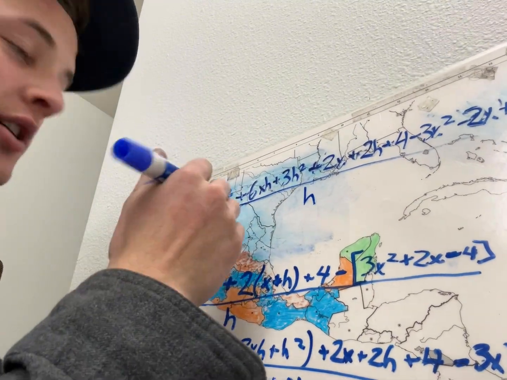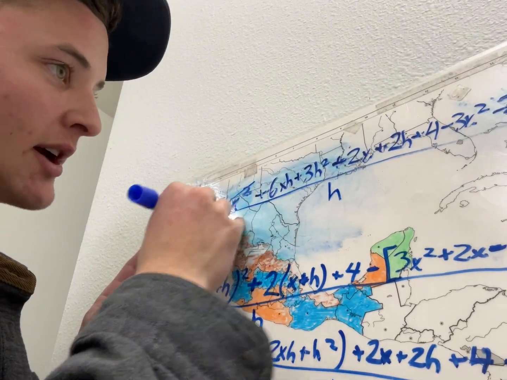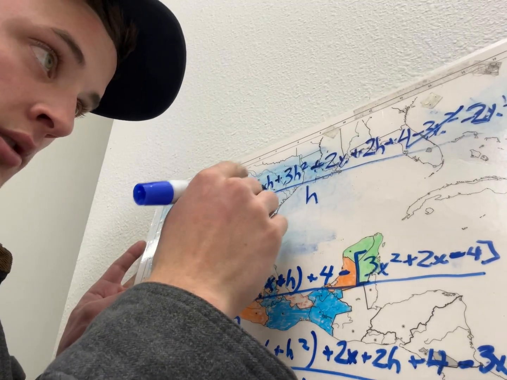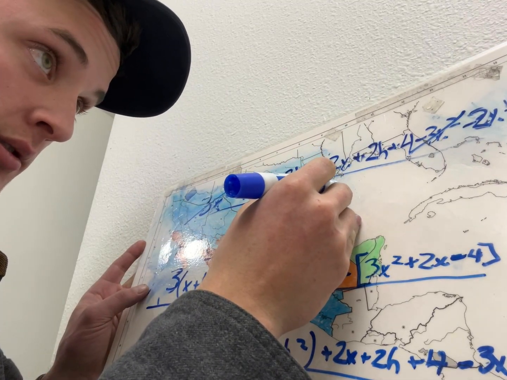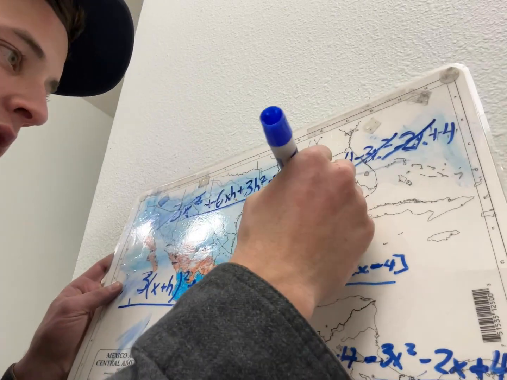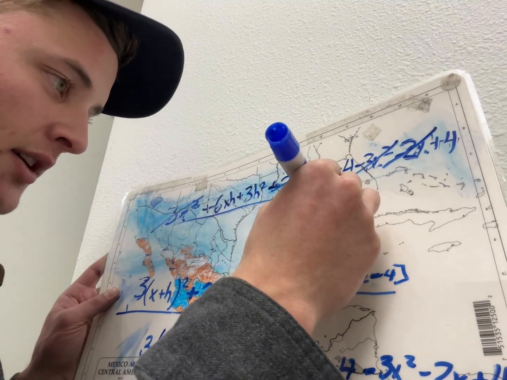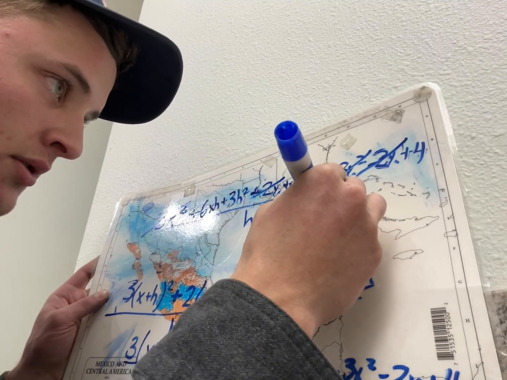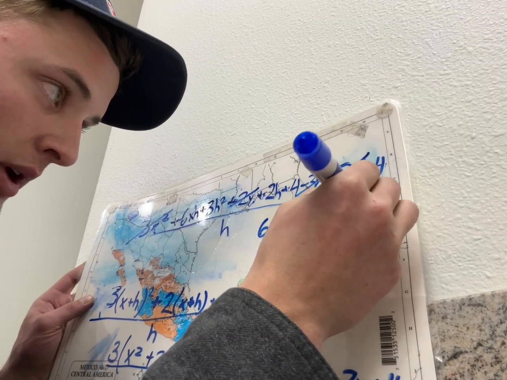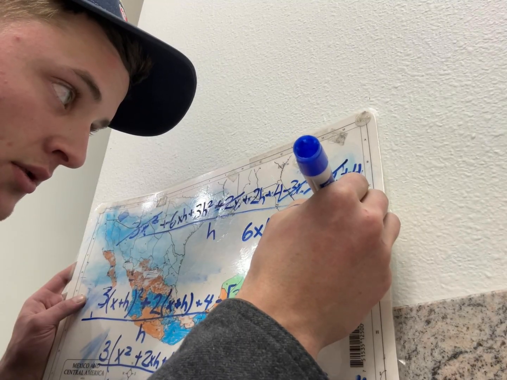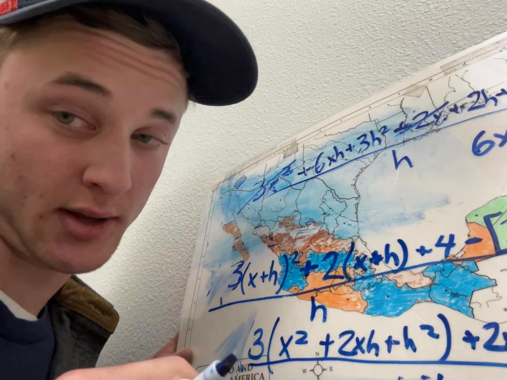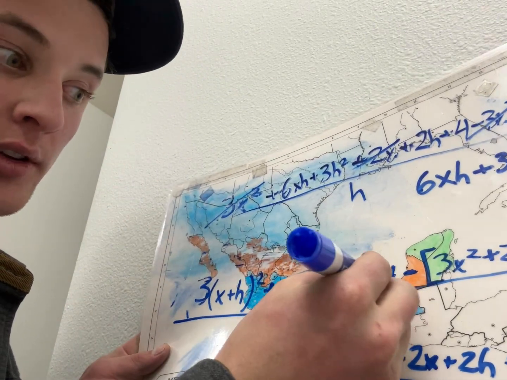At this point, we can start eliminating some things. Like this 3x squared. Got positive and negative there, so we just eliminate those. And we can also eliminate our negative 2x and our positive 2x right there. So we're left with 6xh plus 3h squared plus 2h, and as we established in the function after I edited it, this was always a minus right here.